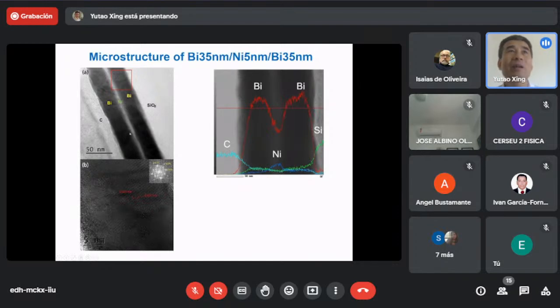And then in the middle, there is a very thin nickel layer. So we did the EDS analysis, and we can see nickel in the middle. And with the high resolution image here, we can index this layer as pure bismuth very easily. It's really pure bismuth. There's no nickel here.